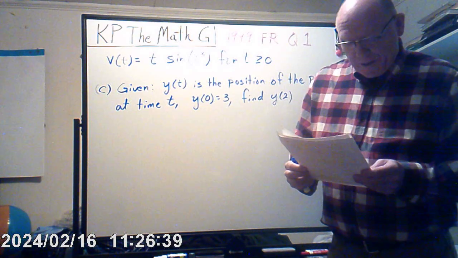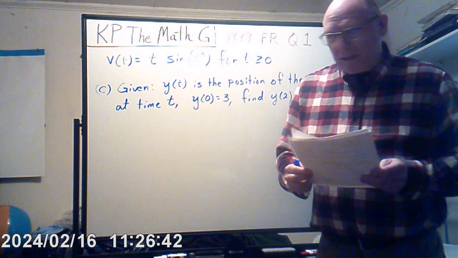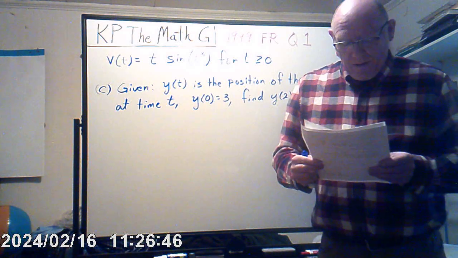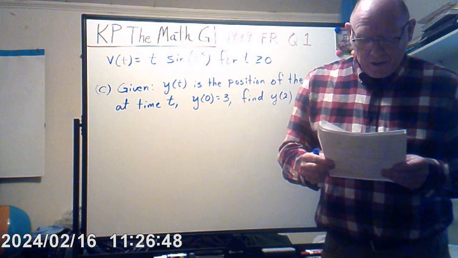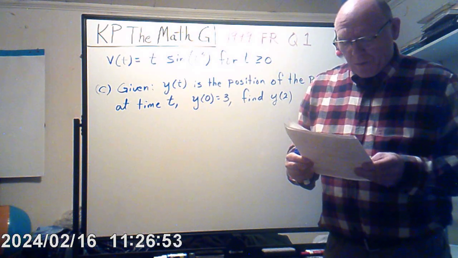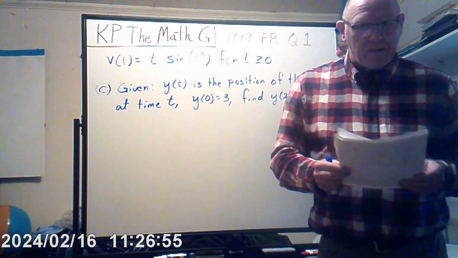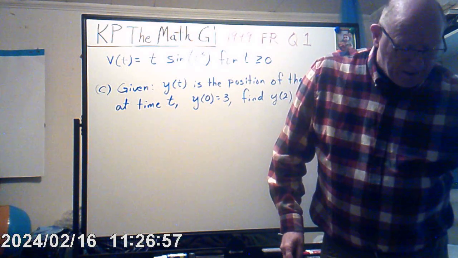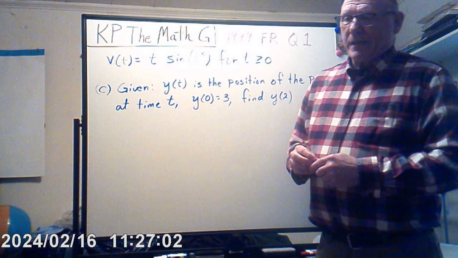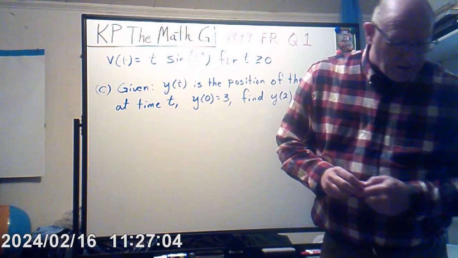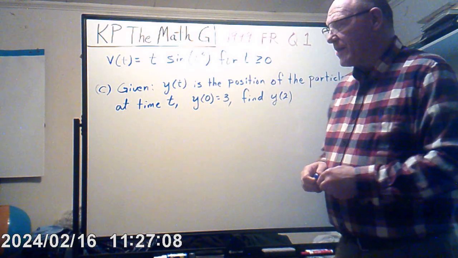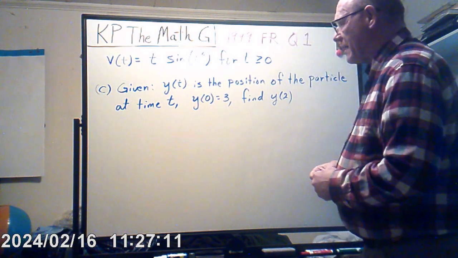For part B, we took the derivative for the acceleration. The question was, is the velocity of the particle increasing at t equals 1.5? Well, v prime at t was negative, so we determined that the velocity is decreasing at t equals 1.5, which leads us to part C.